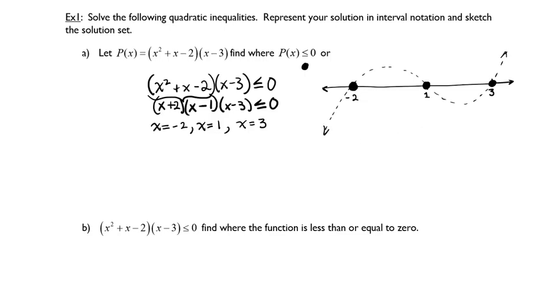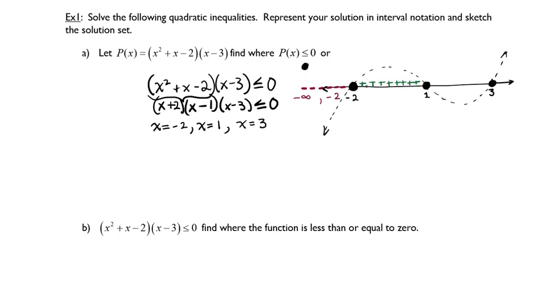Because of that, I can see by inspection where my function is less than or equal to 0. I will put little negative signs all along my number line where the curve is below the x-axis, and I'll put little plus signs wherever my curve is above the x-axis. The curve is below the x-axis from negative infinity to negative 2.